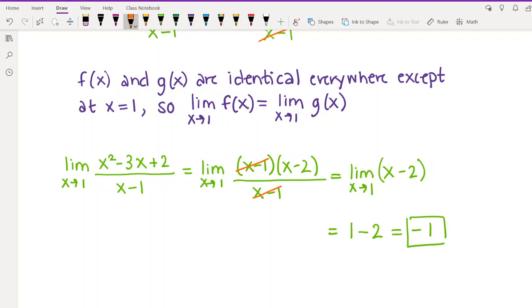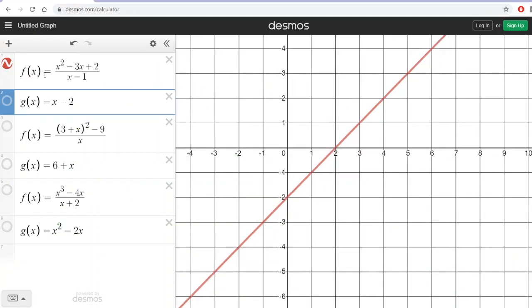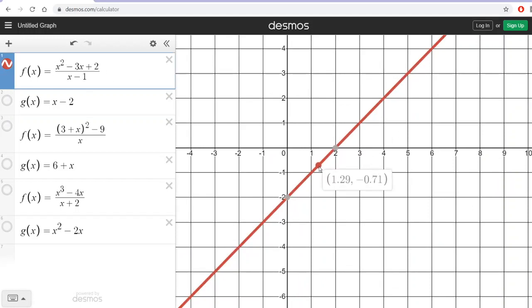So this original function here was f of x, right? This function is f of x. The simplified version is g of x, so that's this function here. And because those functions were identical everywhere except for at 1, we were able to say that their limits were the same. And looking at the graph, we can see that that's true, right? So if we were to take the limit as x approaches 1 of the original function f of x, by looking at the graph, we would say the limit was -1, right?